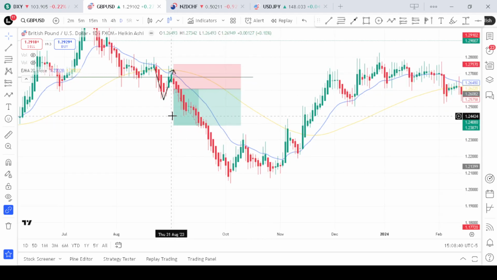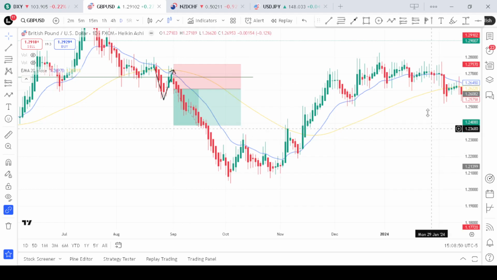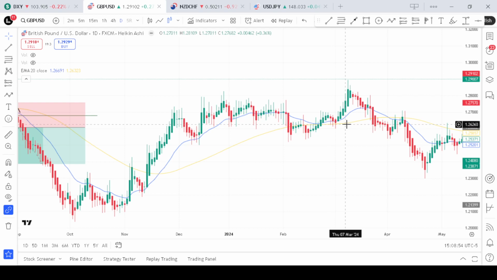Now, in terms of indecision and reversal, indecision in the market is often indicated by small body Heikin Ashi candles. We'll be seeing a series of small body Heikin Ashi candles with long wicks on both sides.